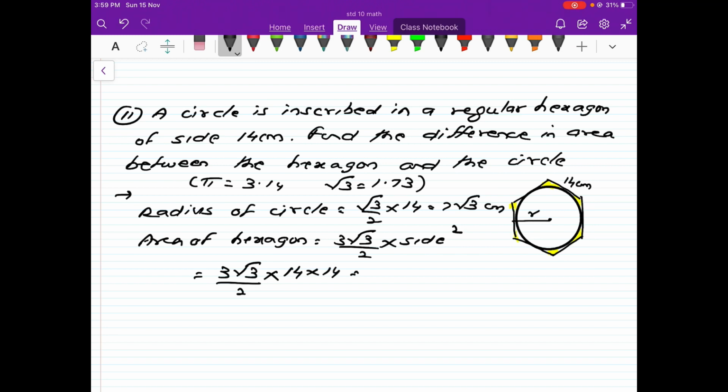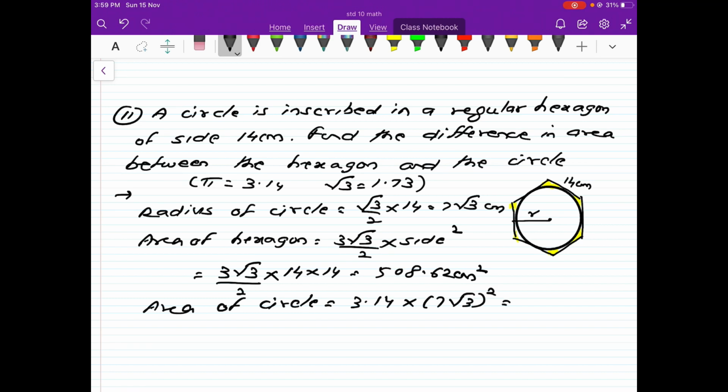So we are getting 508.62 centimeter square. And then the area of the circle is 3.14 into (7 root 3) square. So this is 461.58 centimeter square. Pi r square is the simple formula.